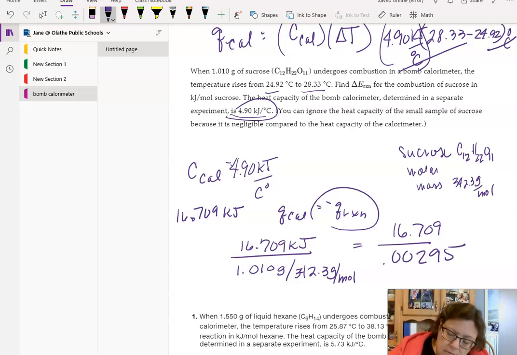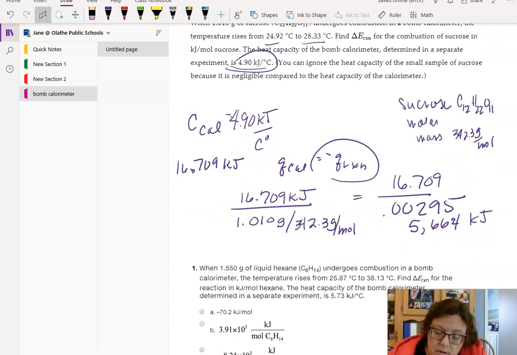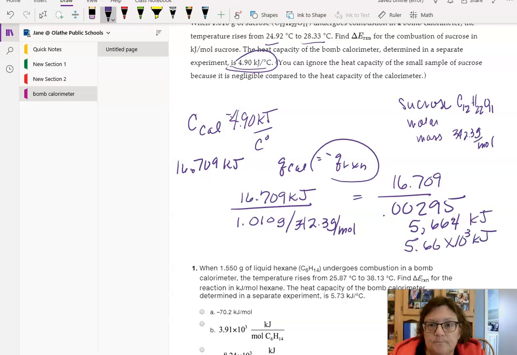I get 5,664 kilojoules. If we want to write that with 3 significant figures, we should change it to scientific notation because that's what scientists like to do: 5.66 times 10 to the 3rd kilojoules.